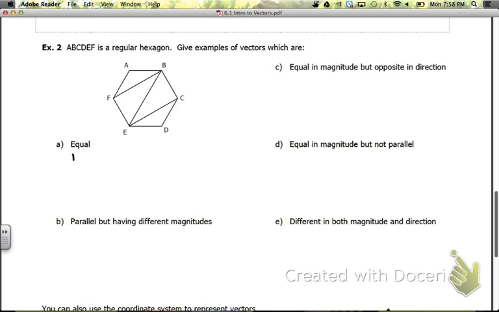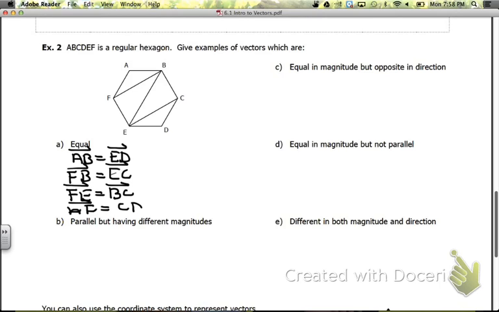Some examples here: the vector AB is equal to ED, and the vector FB is equal to EC. You notice here they are parallel to one another and they are the same magnitude. We have FE equal to BC. And we also have AF equal to CD.